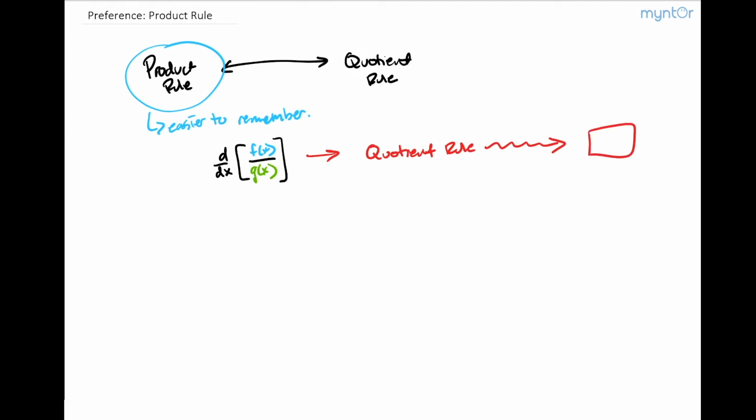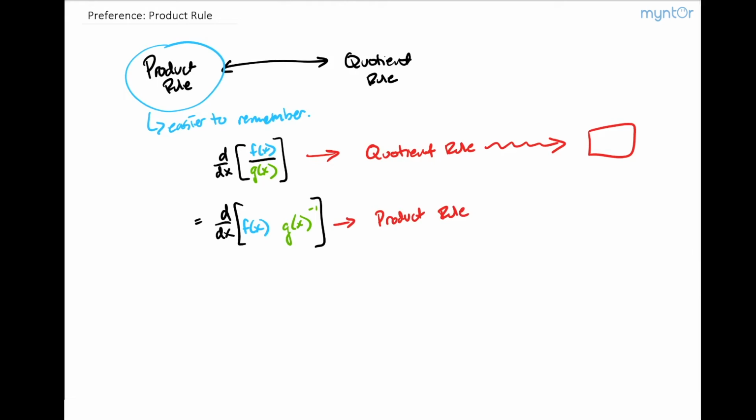It's much easier to rewrite this as taking the derivative of f of x times g of x raised to the negative 1 power. And once you do this, then you can use the product rule, which is much simpler and has fewer steps to understand.